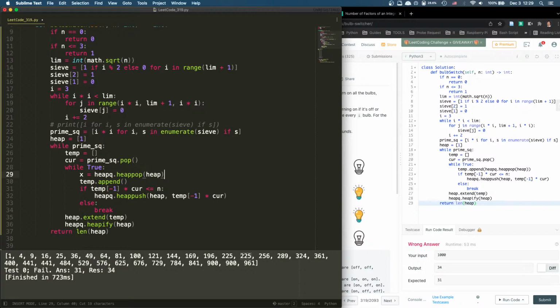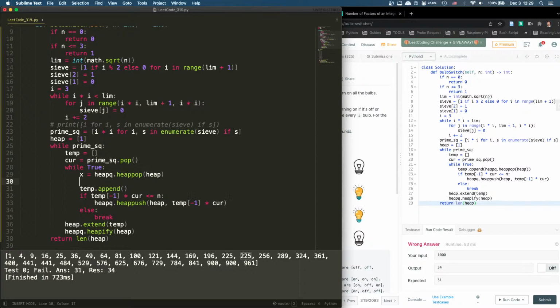So x equals this, and we say if x is not equal to temp minus 1, if it's equal, we just pop again. I mean, that just means, no, that's still not right. That's still not right. It's just, I come out, I just don't push it, right? I just don't push, I don't append it.